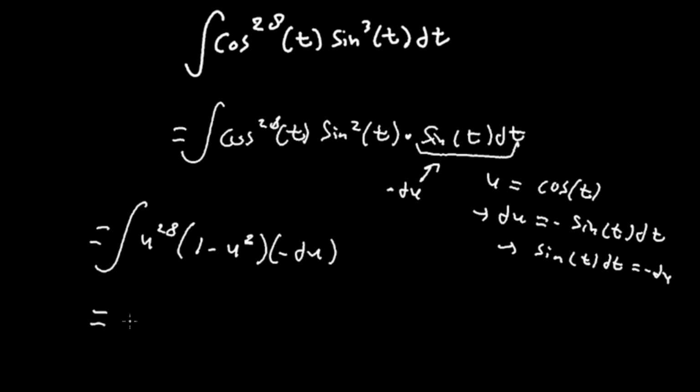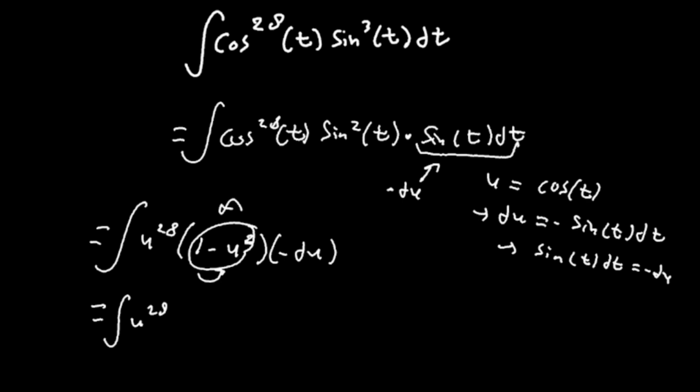So this is negative integral of, actually, how about I just use this negative to flip this order around. So this is going to become u to the 28 times u squared minus 1.